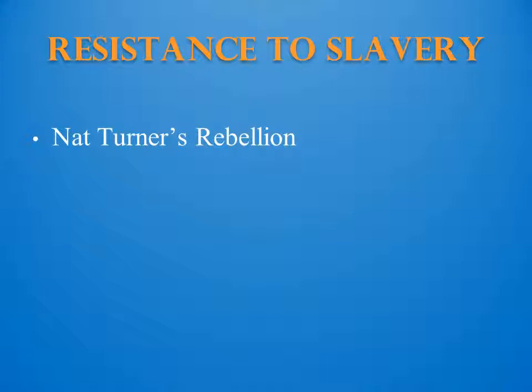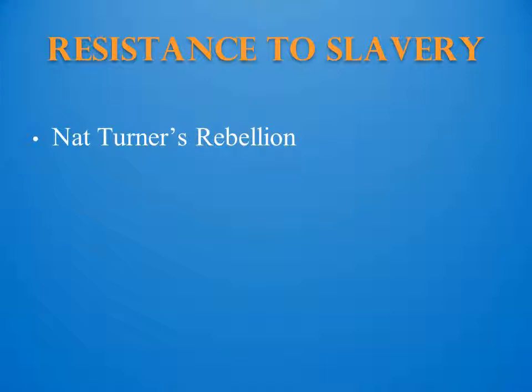Nat Turner's rebellion shocked those in the South, and it caused owners throughout the region to punish and execute any slaves that were suspected of rebellion as well. In the aftermath, Virginia's legislature passed very harsh laws which further restricted slaves and the rights of free blacks.